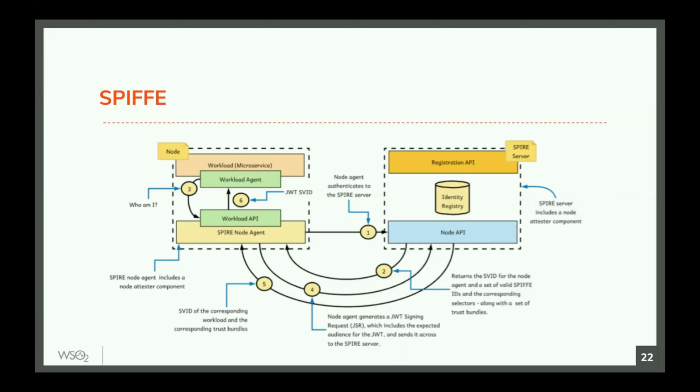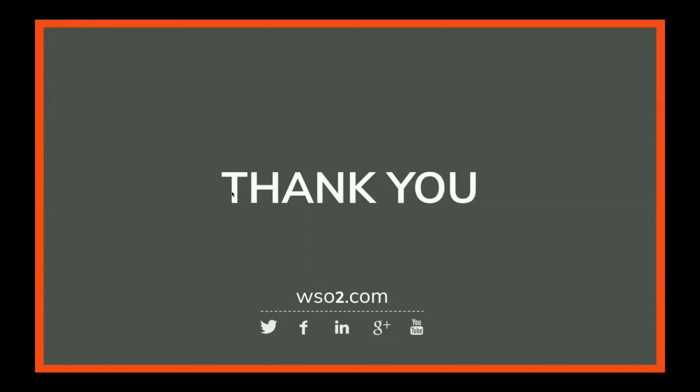It has two formats: one is the X509 based SVID and the other is the JWT based SVID. So there's a spec for that. Each workload, which can be a microservice or a pod, it can be anything, gets a JWT as its SVID. So you can use that JWT to authenticate to other services in a standard manner. Right? So this is another application of JWT.